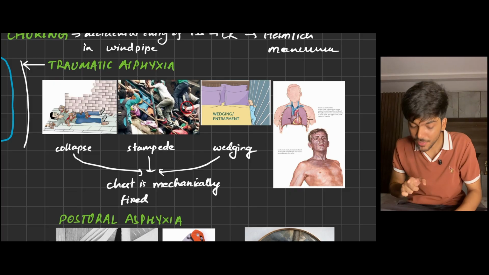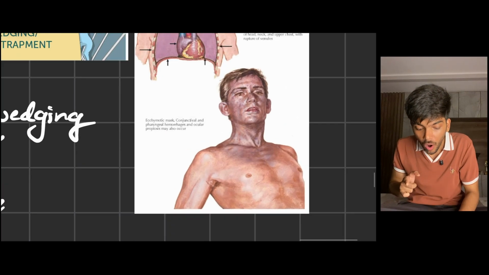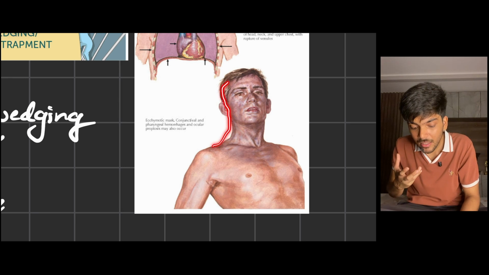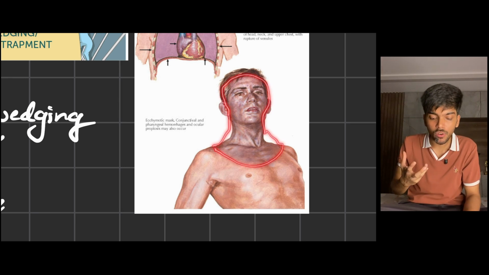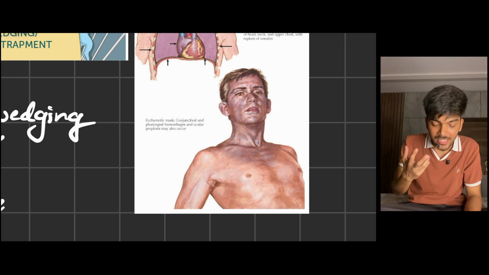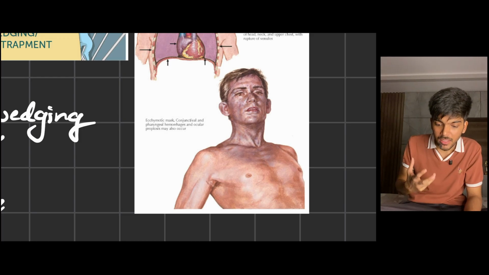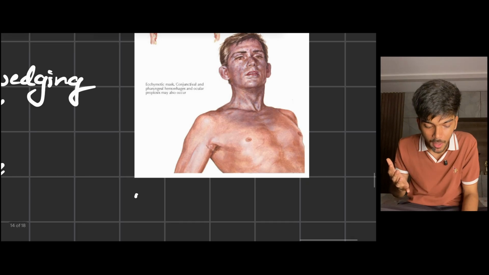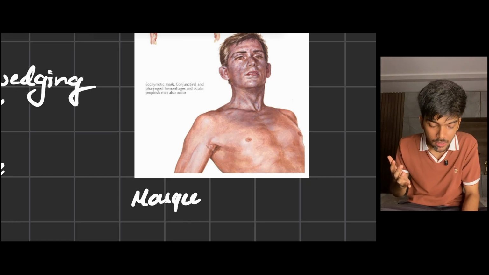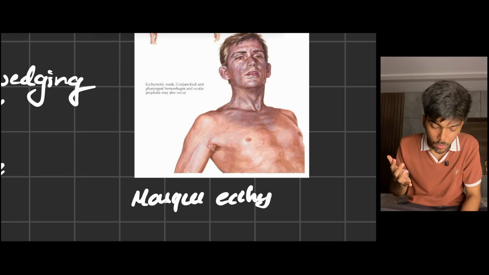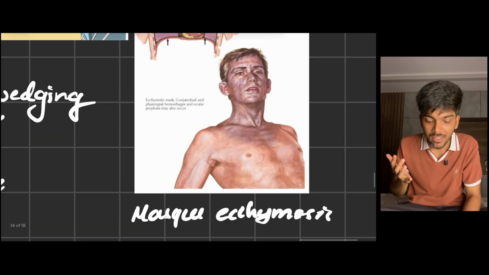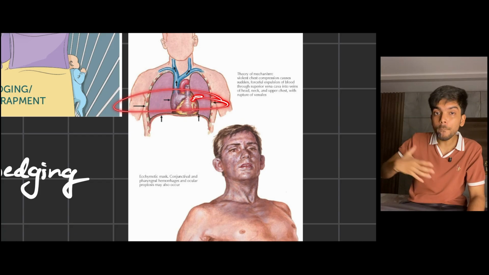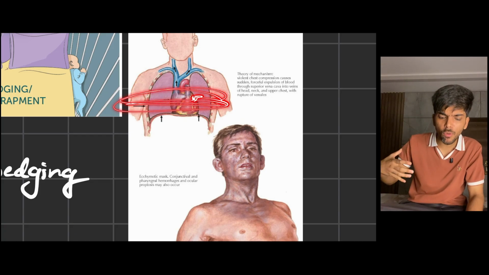In traumatic asphyxia, above the level of obstruction, you get a face that has congestion or ecchymosis. And since it seems as if the victim is wearing a mask of ecchymosis, we call this mask ecchymosis. The reason being, when there is trauma over the chest, there is sudden compression over the chest.